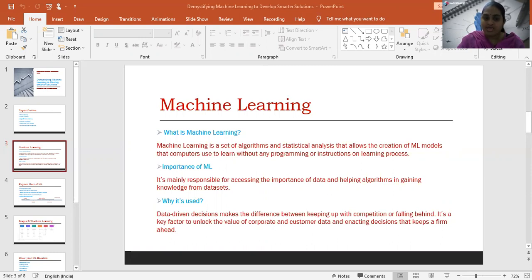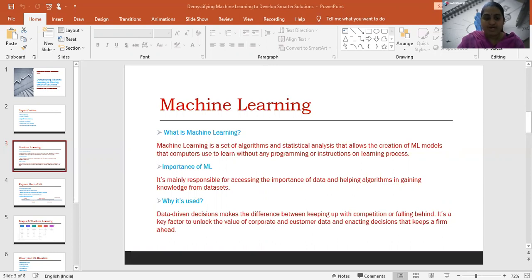It helps data scientists analyze data and create predictive or descriptive models to solve a particular task or problem. The main goal of ML is to automate the learning process for computers and eliminate human intervention. Coming to the importance of machine learning, it's mainly responsible for assessing the importance of data and helping algorithms gain knowledge from data sets.